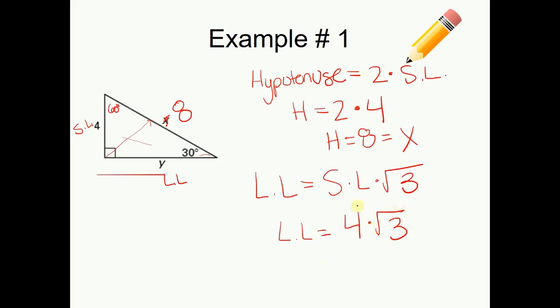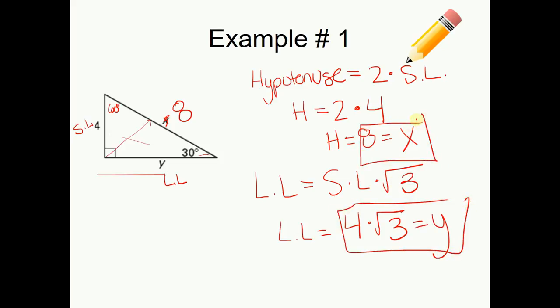And that's it. You do not need to change this. This is just a number. Since the square root of 3 and the 4 are not both in a radical, you can't change it. So that is my side length: 4 times the square root of 3 and 8 for x and y.